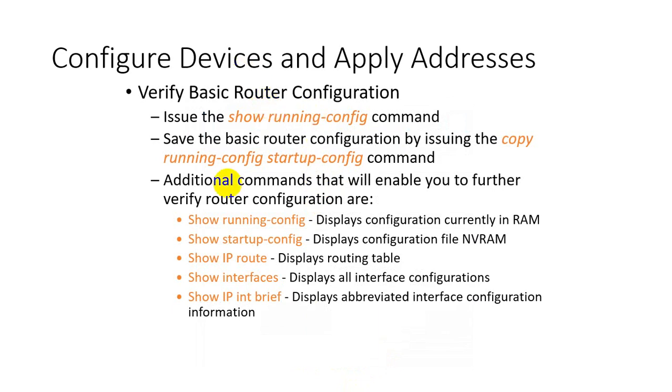As discussed earlier, we use the show running-config command, and save the basic router configuration by issuing the copy running-config startup-config command. Additional commands that enable you to further verify the router configuration are show running-config, show startup-config, show ip route, show interfaces, and show ip interface brief, which displays abbreviated interface configuration information.